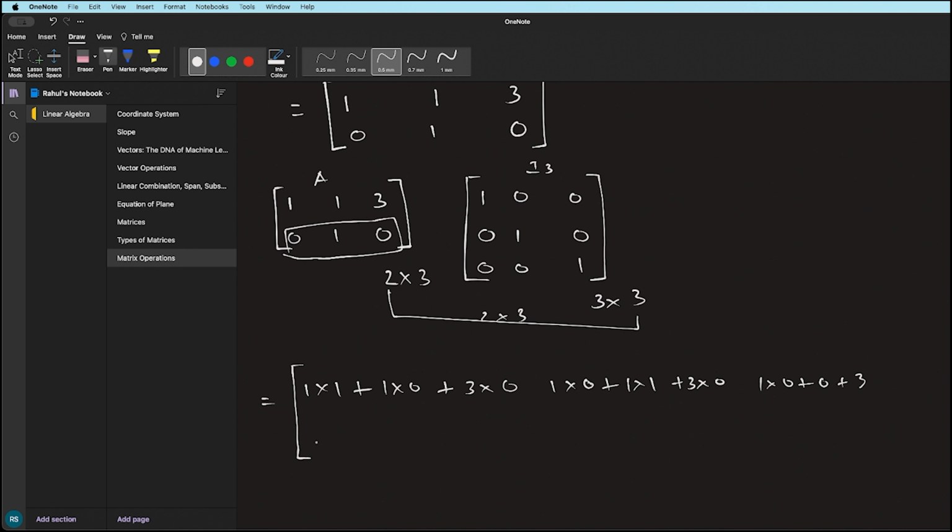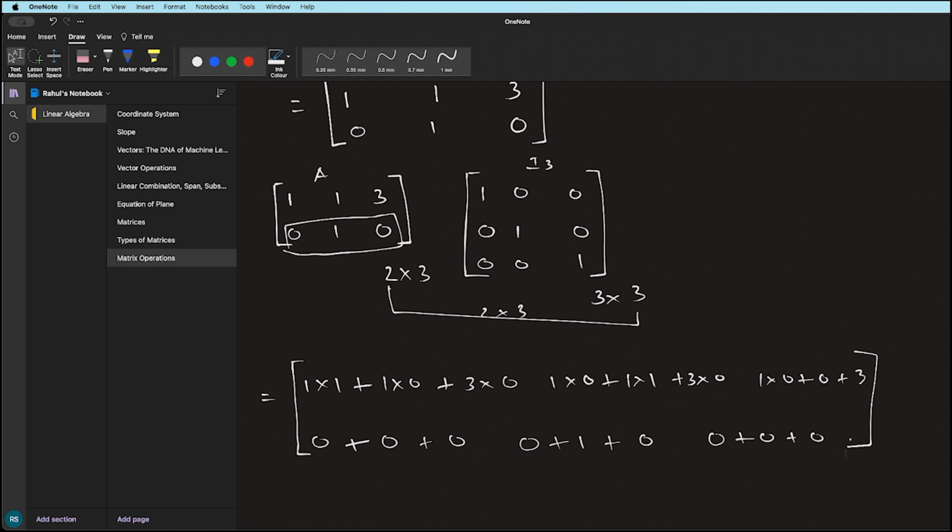The answer is 0 plus 0 plus 0, then 0 plus 1 plus 0, and for the second row and the third column, 0 plus 0 plus 0.